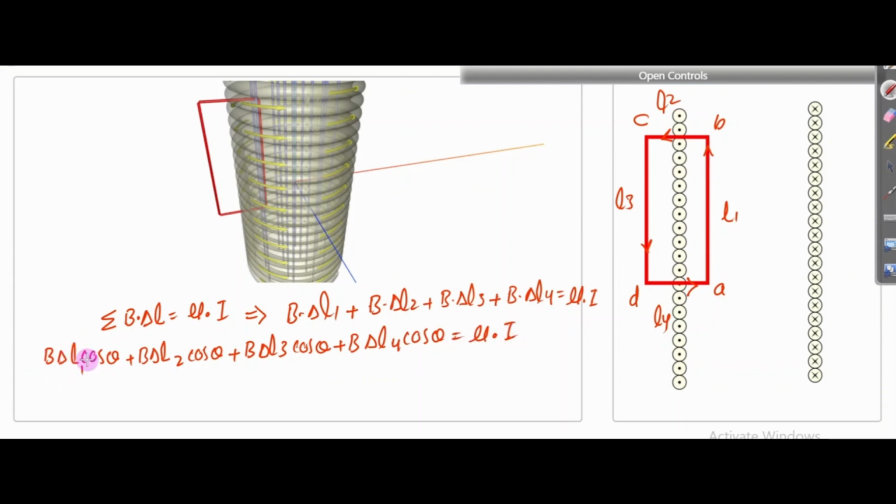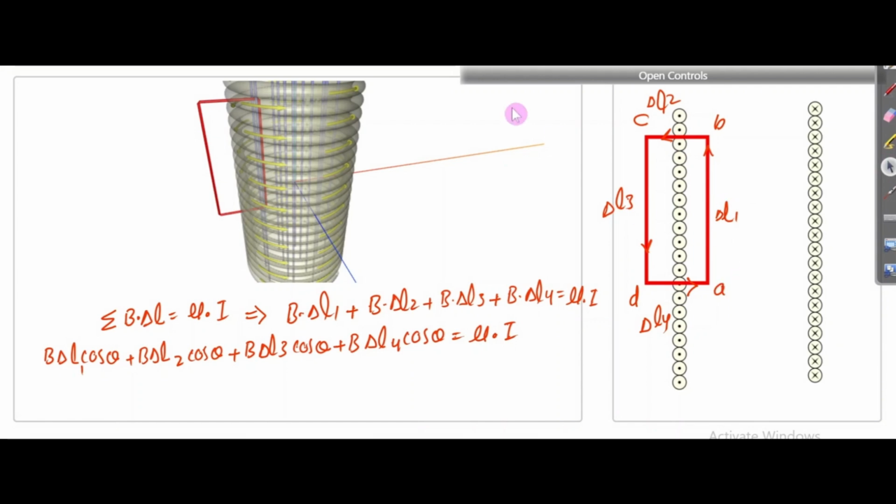So the angle between B, the magnetic induction, and dL1: here this is dL1, this is dL2, this is dL3, and this is dL4.